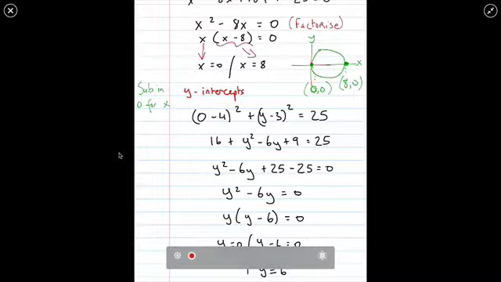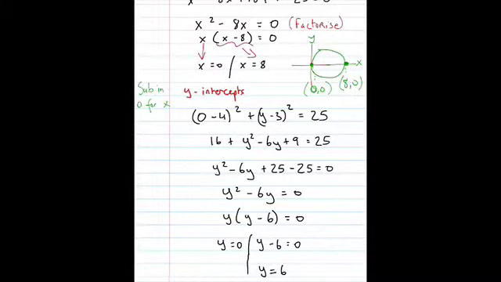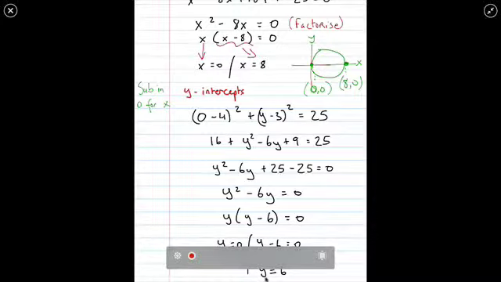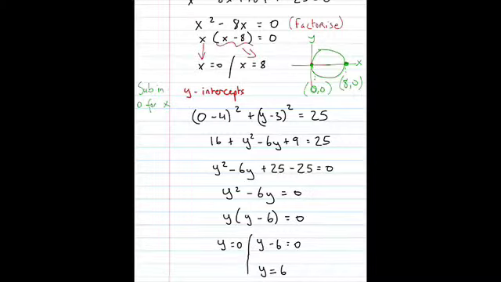So to find the x-intercept, Emma, what do we do? We sub in 0 for y. To find the y-intercept, Liam, we sub in 0 for x. And we work it all out, and we get y equals 6. So what does this mean here? Oh no, y equals 0, y equals 6, sorry.